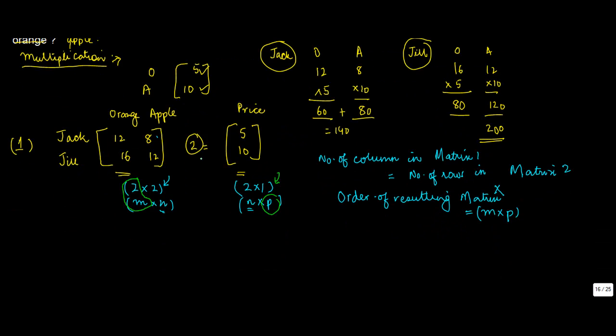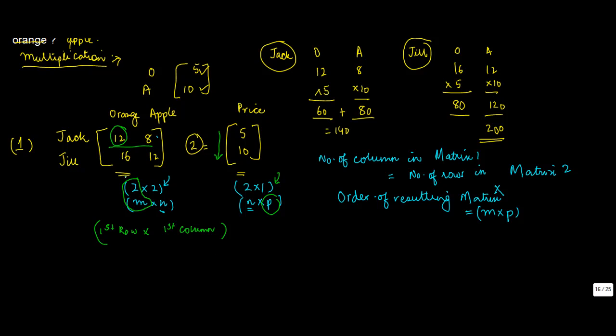So if you were to multiply these two matrices, how will you do that? Let's see. The first element that we have here is 12. So you will take the first row and multiply it with the first column. First row into first column, that's the way it works.